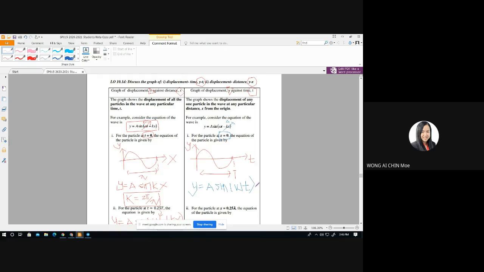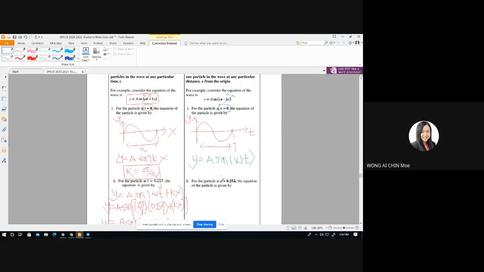And if we substitute x equals 0.25 lambda into our equation, y equals A sine of omega t minus k times x.